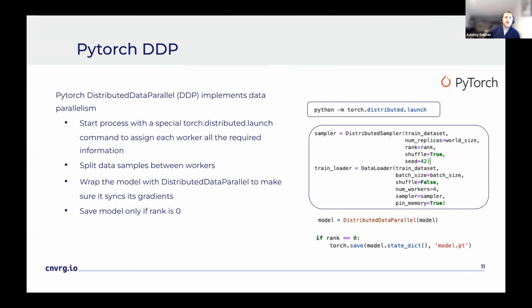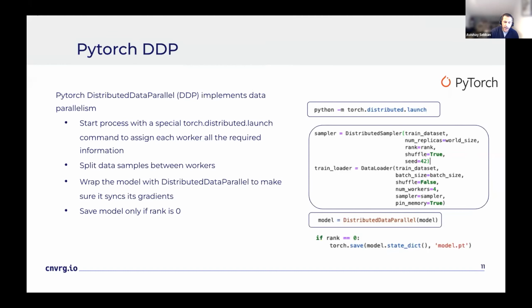And once the workers are set up, the data is split between them, and each worker processes a subset of data samples. You also need to wrap the model with DistributedDataParallel to make sure that the model's gradients are synced across all workers during the training process.